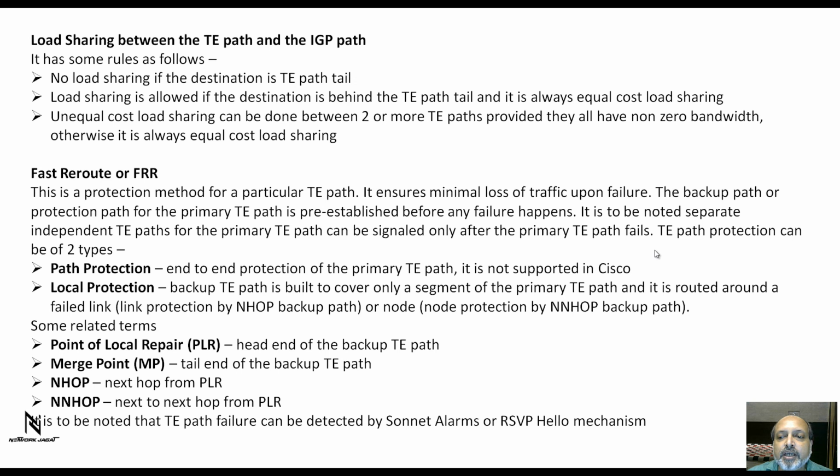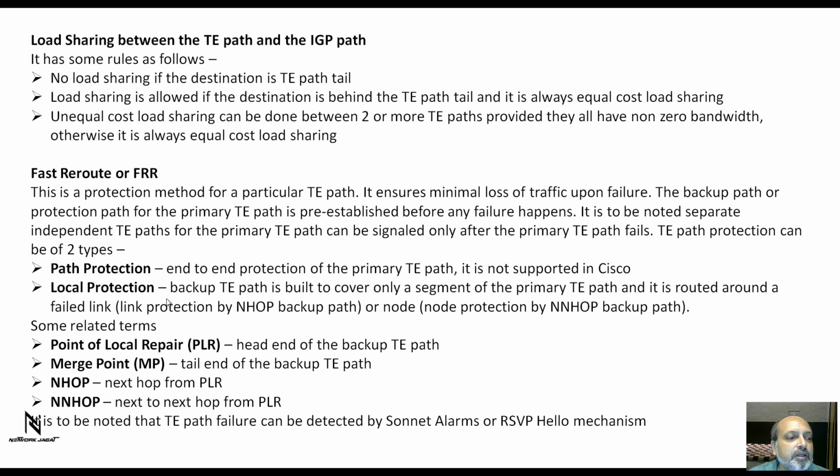Now, TE path protection can be of two types. Path protection, end-to-end protection of the primary TE path. It is not supported in Cisco. It is exactly similar to a backup path, where you have to go for the protection end-to-end. So Cisco doesn't encourage it. And if you are doing it in a Cisco router, you have to just maintain a backup path.